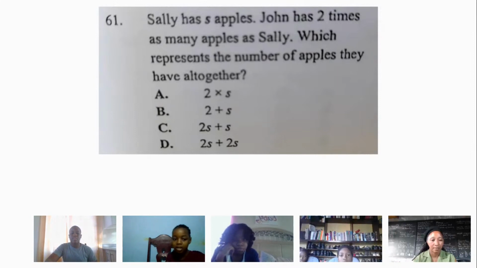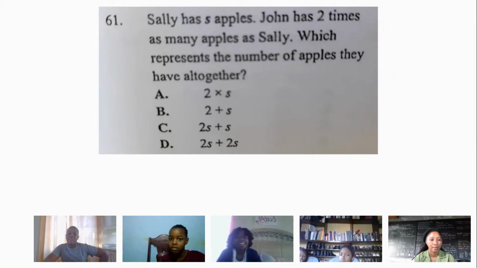Okay, Miss. 61. Sally has S apples. John has 2 times as many apples as Sally, which represents the number of apples they have altogether.